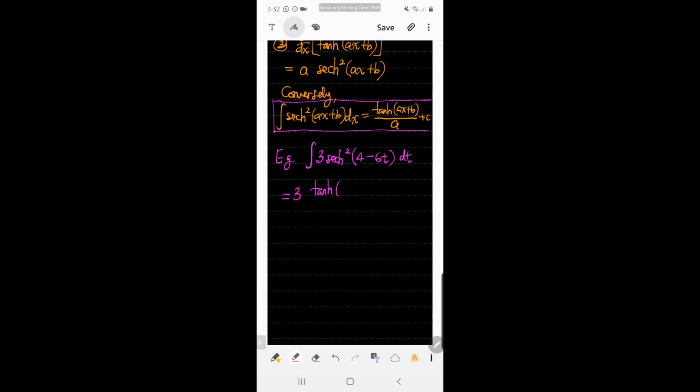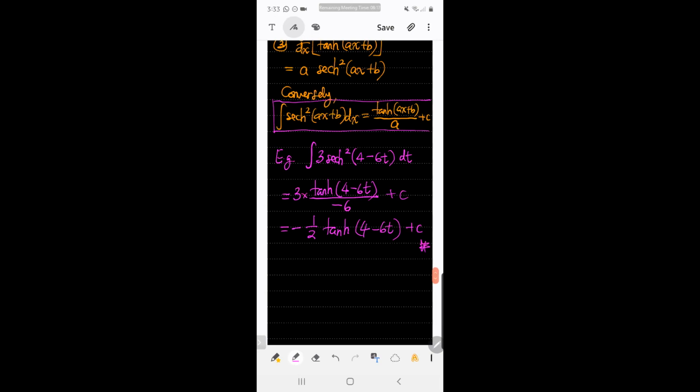So tanh(ax + b). Sorry, in this case, it's not ax + b. It's tanh(4 - 6t), then you have to remember to divide by -6. So multiply plus c. So the answer is therefore -1/6 tanh(4 - 6t) plus c.